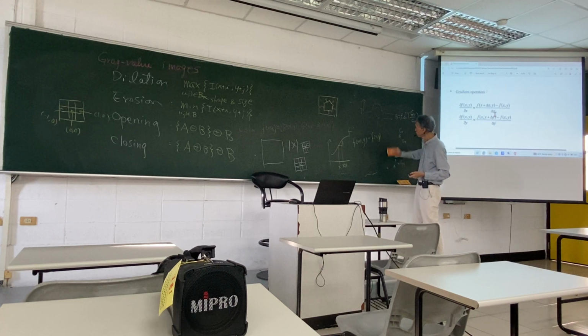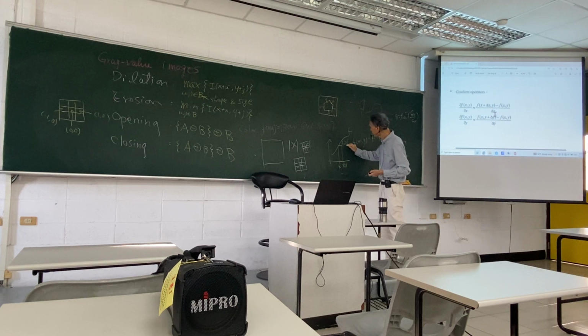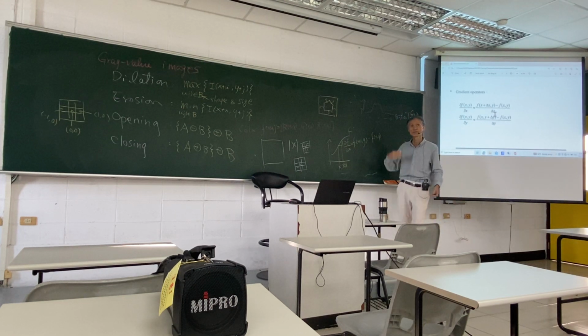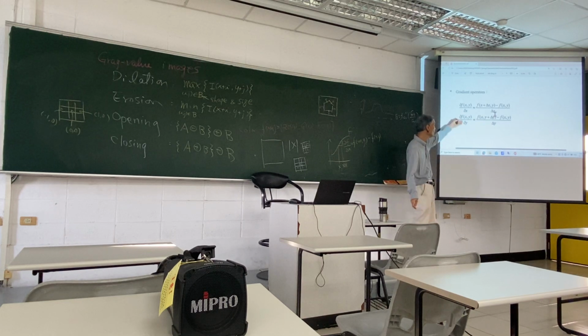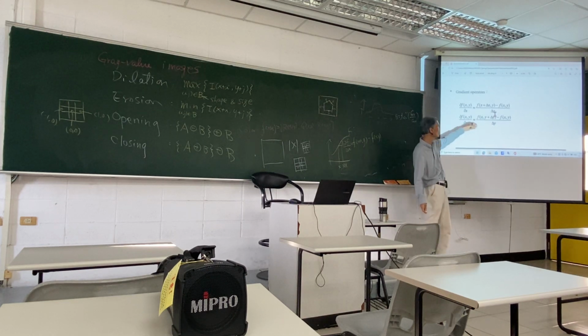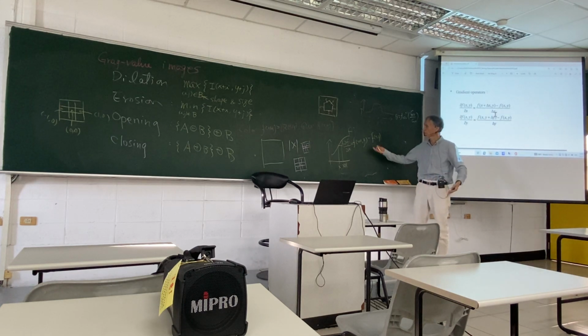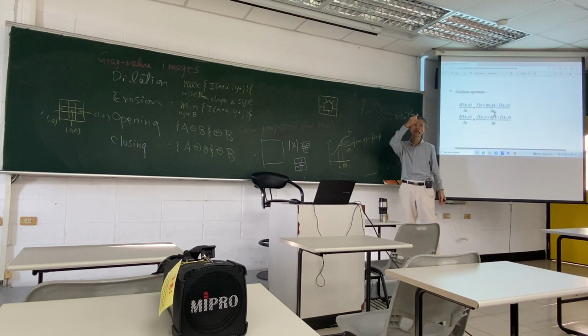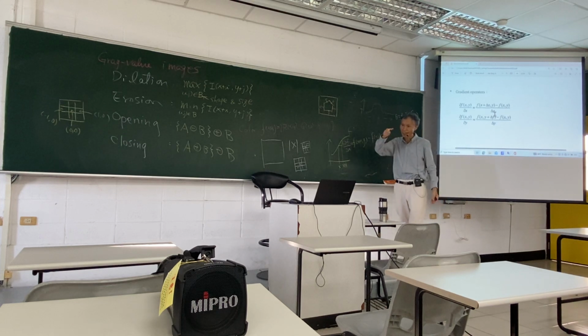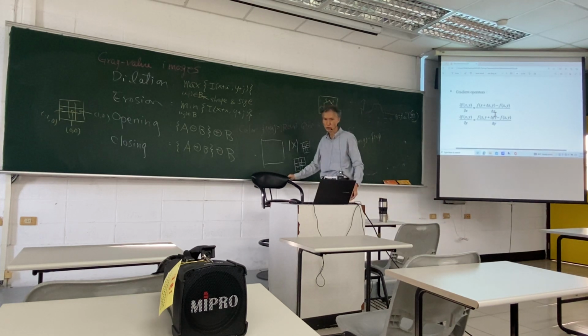And this is 1. Likewise, y plus delta y, where delta y is 1. The minimum unit of a digital image is 1.